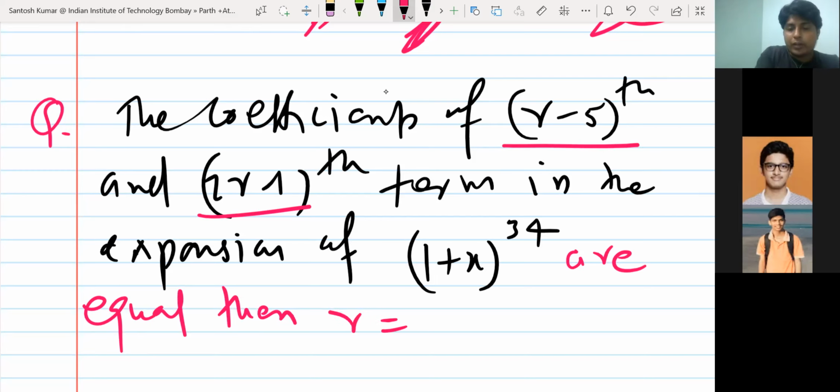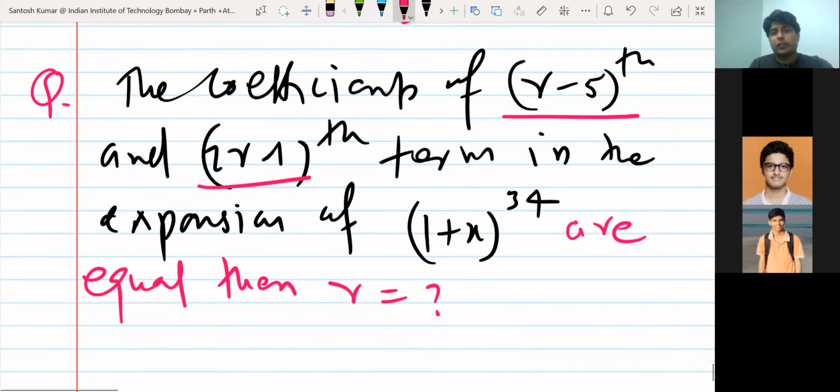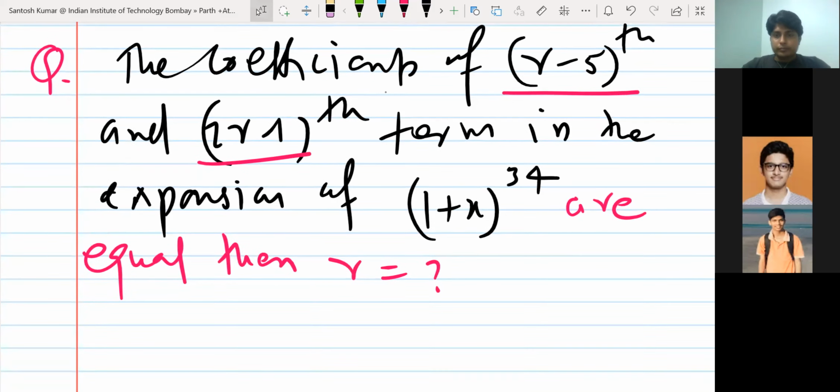So what is the value of r? This is a very easy question.